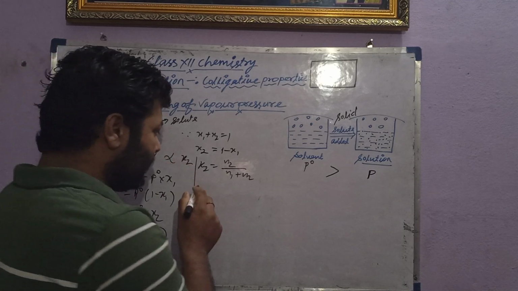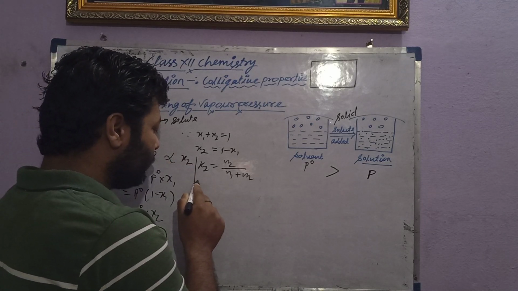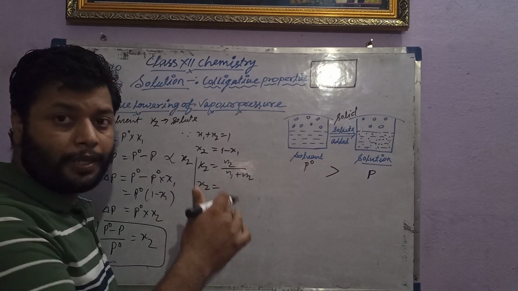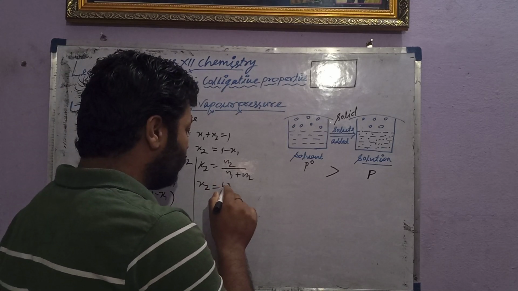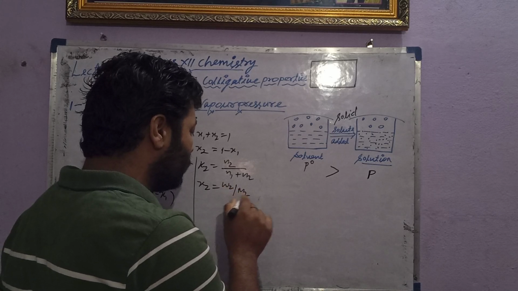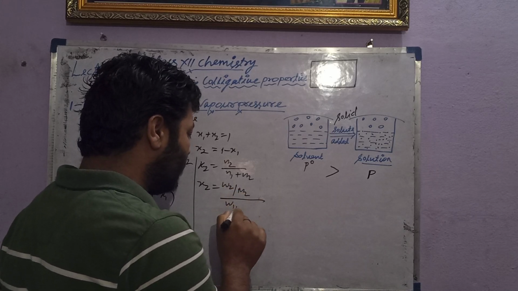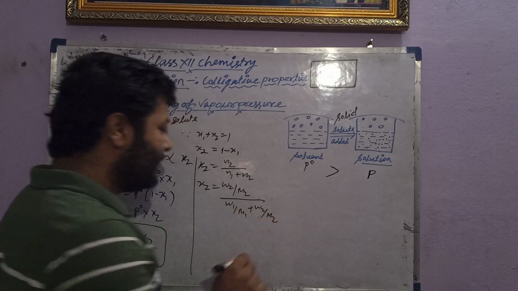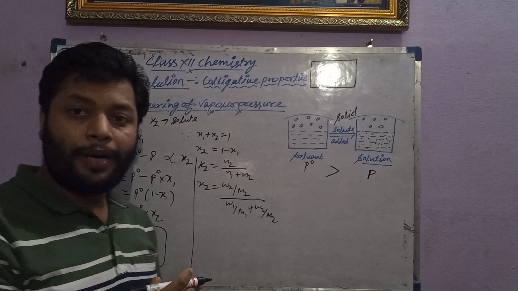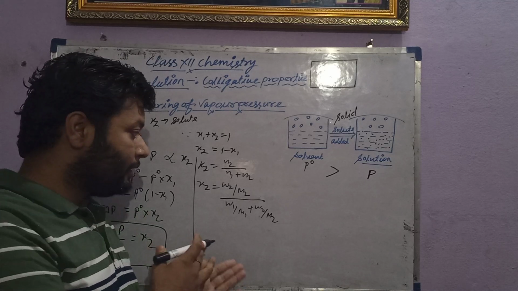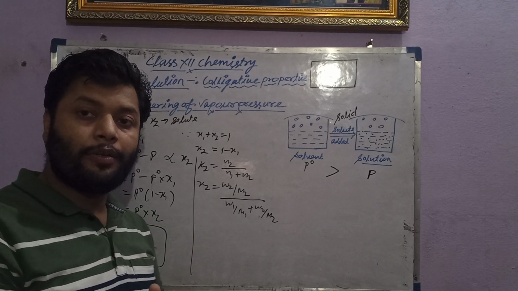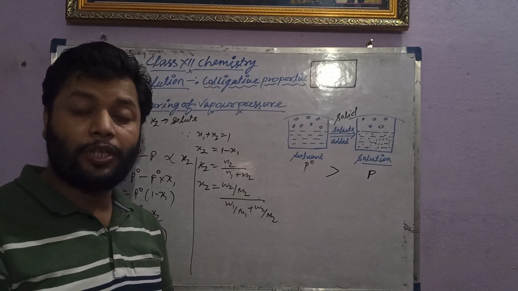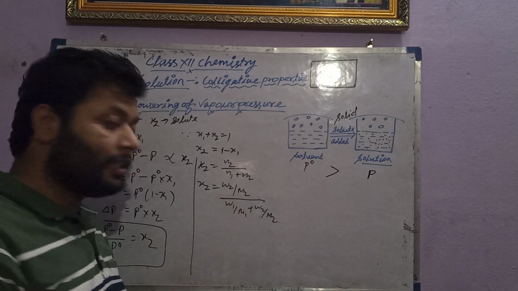It can also be written in terms of molar mass and mass: W2 upon M2 upon W1 upon M1 plus W2 upon M2, where W2 is the mass of solute, W1 is the mass of solvent, M1 is the molar mass of solvent, and M2 is the molar mass of solute.